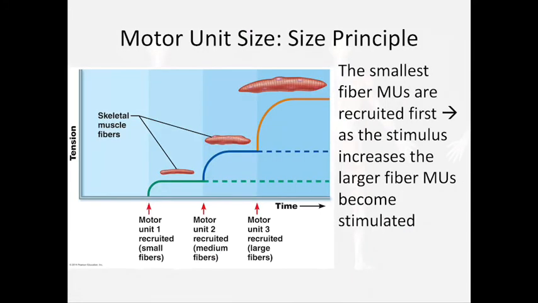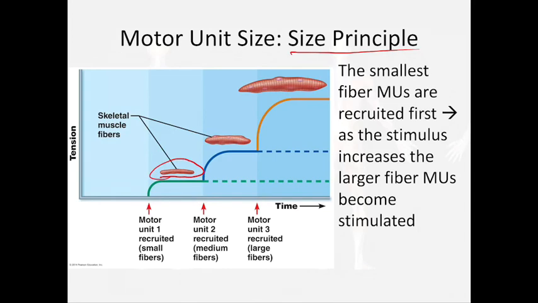Okay, secondly, we have something in our muscles and in our motor units called the size principle. Size principle means that when we go back to that low frequency, low intensity stimulus, the first motor units that are going to be contracted are always the smallest ones, the ones that have the smallest muscle cells.